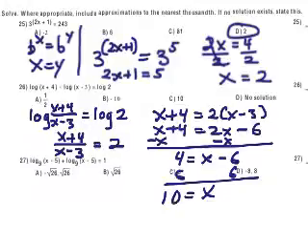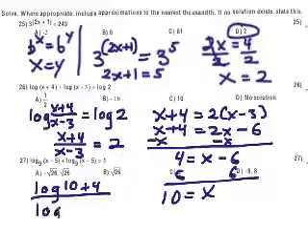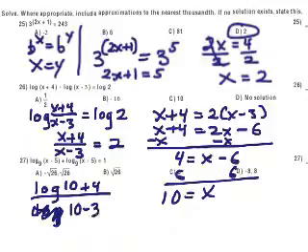And we can check this, and it works out. We don't end up with a negative log. We could test it. We could go log of 10 plus 4 divided by 10 minus 3, right?